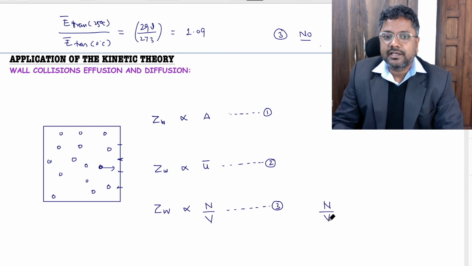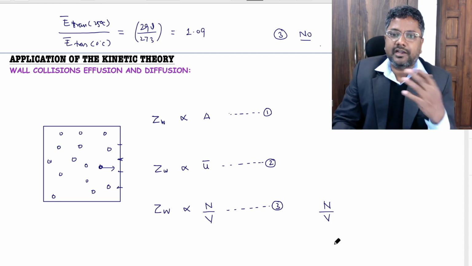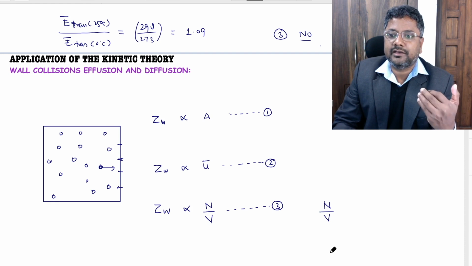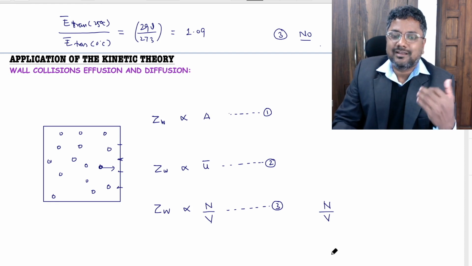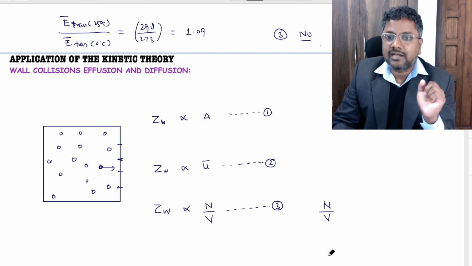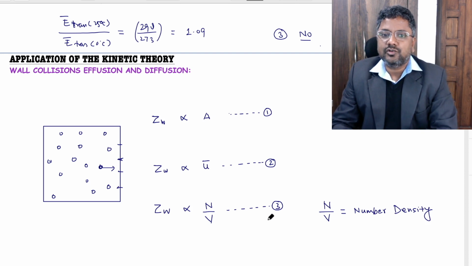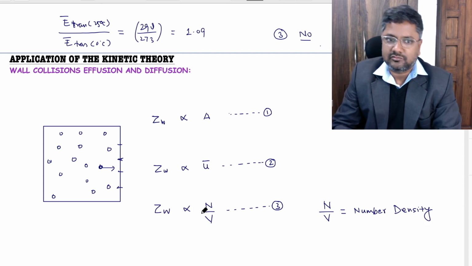Here it is more convenient when we are dealing at the molecular level, so we prefer to use a number density rather than mass density. If you increase the number density, it means number of molecules increase, obviously number of collisions increases.